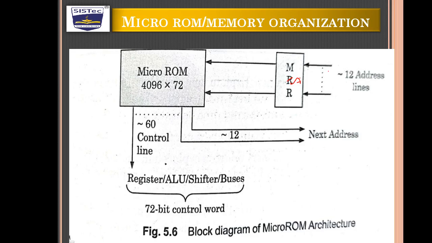The memory address register has 12 address lines, and the micro ROM, of size 4096 by 72, has 60 control lines. So 60 control lines plus 12 next address lines is equivalent to a 72-bit control word.